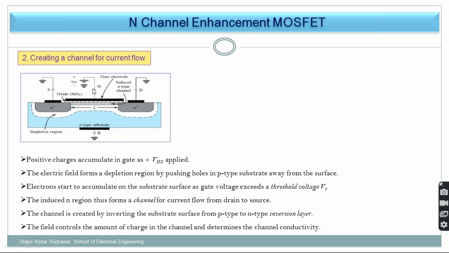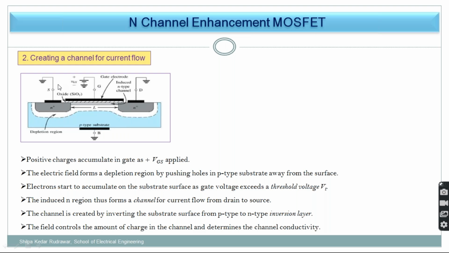Now what is the voltage at this VGD? Just think over that. It will be the same as VGS. Why? Because this drain is also connected to ground and the source is also connected to ground, meaning these are at the same potential.